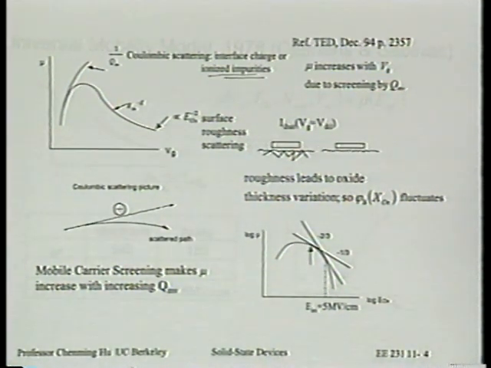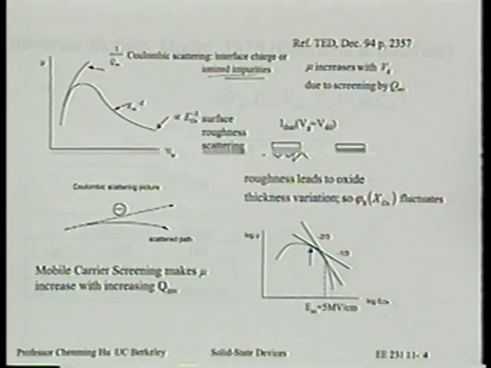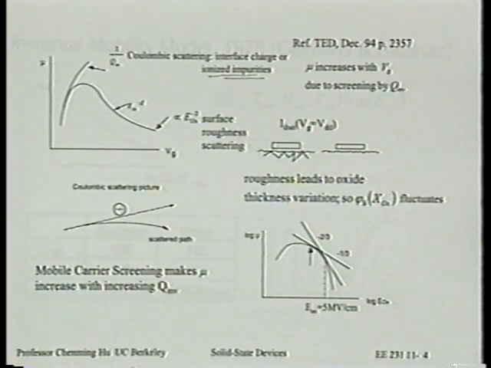One additional advantage that I have not mentioned, that people would like to take out of the retrograde doping, is that there's a smaller dopant density near the surface where the electrons and holes move, and therefore there's less Coulombic scattering. Is that right? All right.